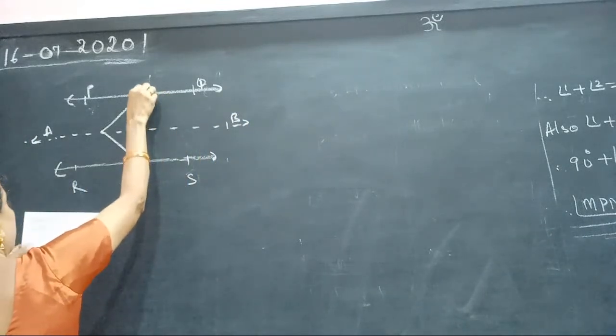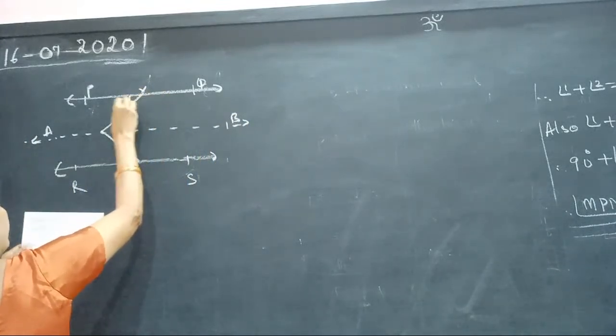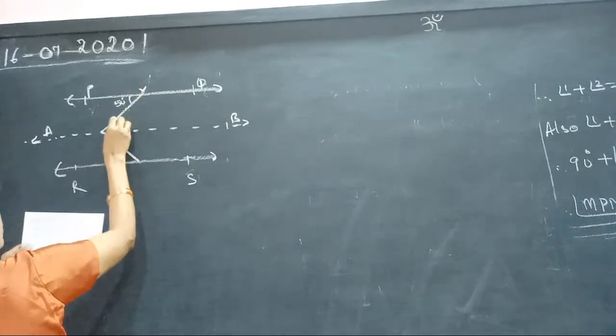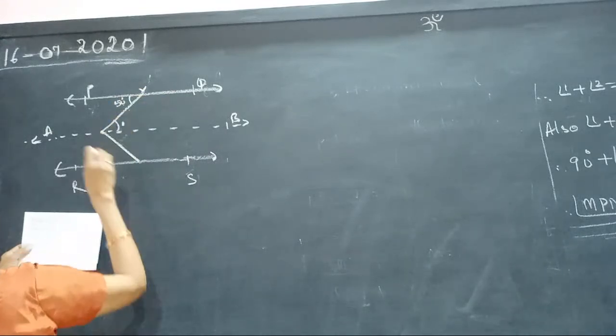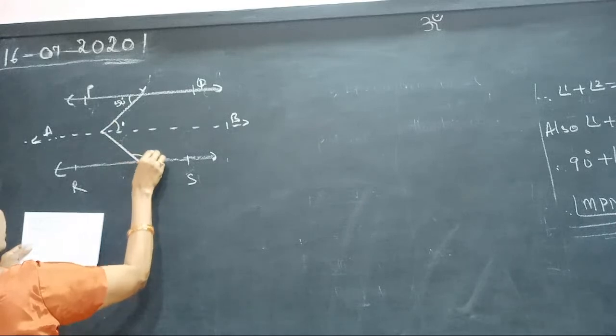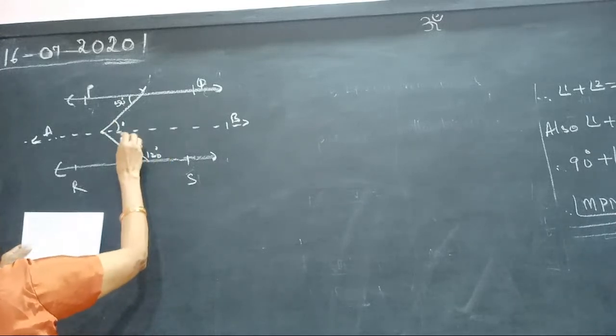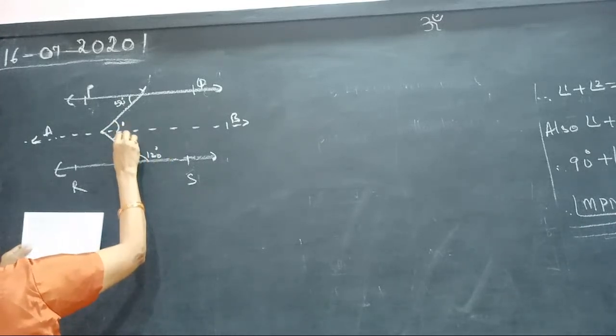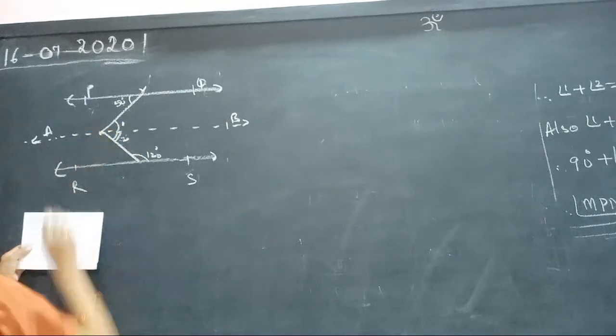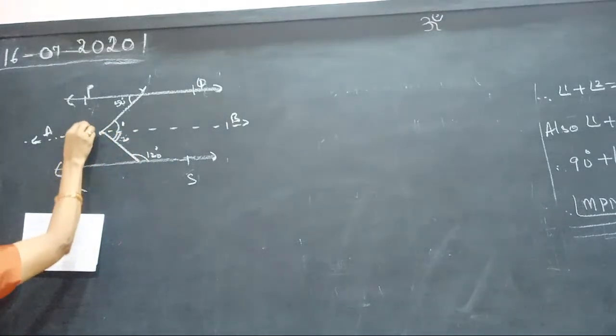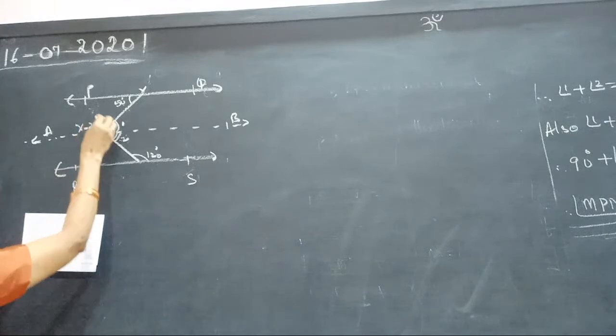It is X 50 degree. You will get this angle, and it is 120 degree. You will get again this angle, and this is given as X minus 20 degree.